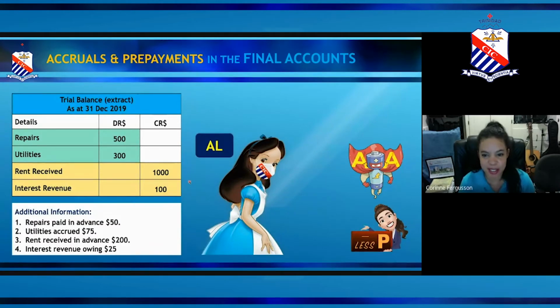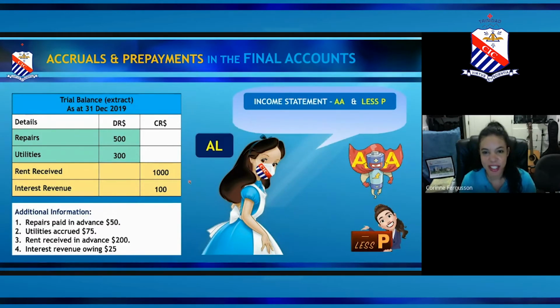These are all nice little animations that represent, for the income statement, that you have to remember Batteryman and you have to remember Fergie, right? So Batteryman is the add accruals. Always have that in your mind. Any accruals for a period, whether it be revenue or expense, you are adding that accrual to the amount in the trial balance that represents the amount paid and the amount received.